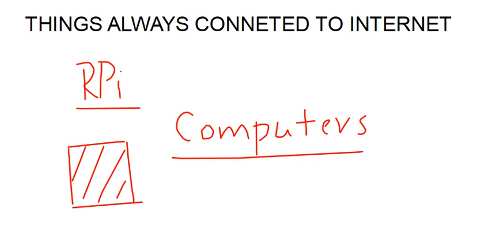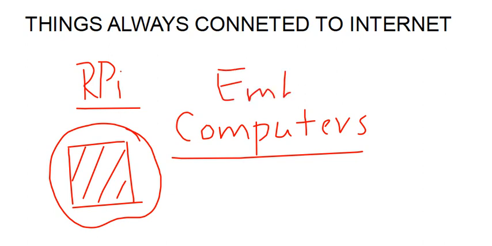Maybe your Ethernet connectivity, or your Wi-Fi connectivity, GSM modules, Wi-Fi modules, the different ports and other things. These things make even a small credit card sized board what we call an embedded computer.